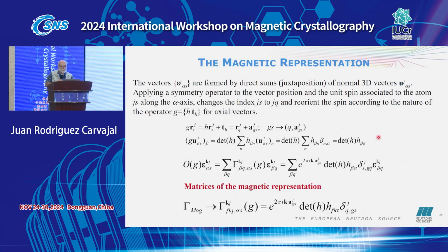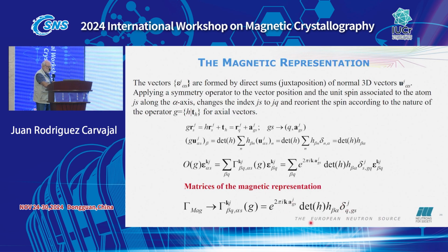What is important, the matrices of the magnetic representation can be calculated exactly from the matrices of the permutational representation, which are here, and this delta vector, this epsilon term that we have here, multiplied by this Kronecker delta.